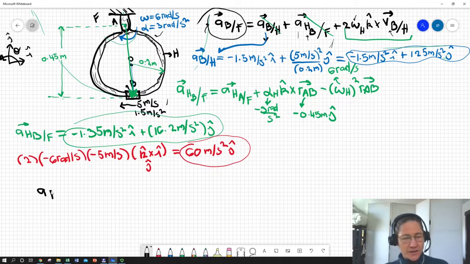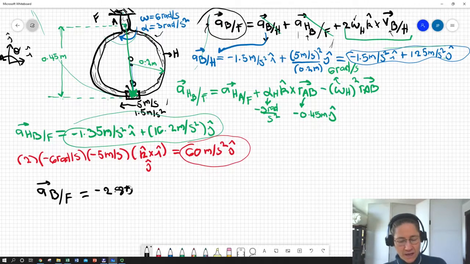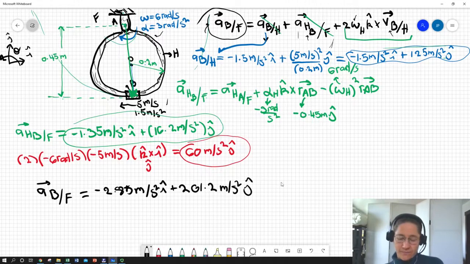Say acceleration of B, my little collar, with respect to the fixed reference frame, the ceiling, is going to equal negative 2.85. I'm collecting terms in each vector direction. I hat plus 201.2 meters per second squared J hat.